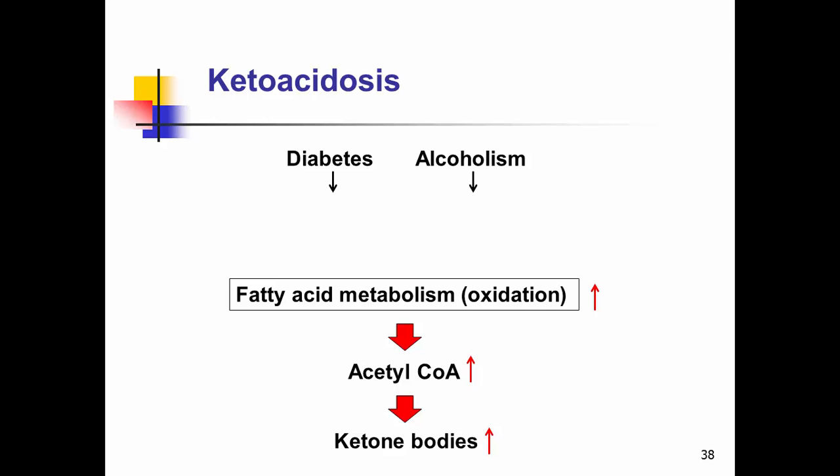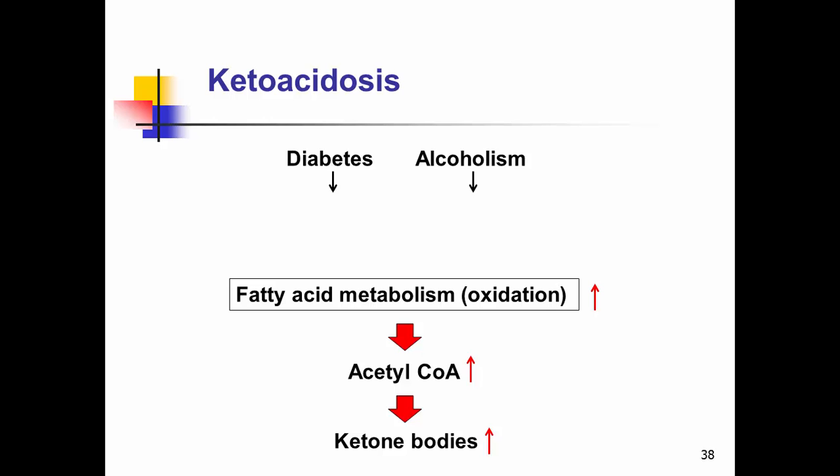Yes, excellent. Thank you. Let's think about diabetes first. In diabetes, the main problem is that glucose cannot be taken up into the cells, either due to insulin deficiency in type 1 or insulin resistance in type 2 diabetes. Glucose accumulates in the circulation, increasing blood glucose level, but the glucose level inside the cells decreases. So the cells have an energy crisis and cannot use glucose for energy.